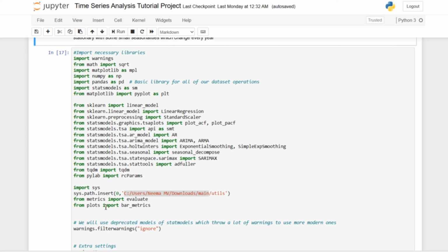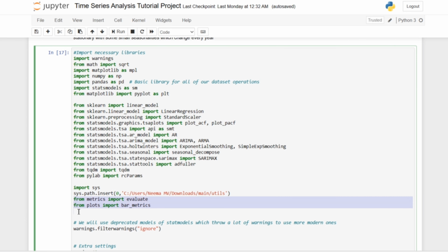If you look at these two metrics imports, you'll identify that these are functions that I called from two other Python files. I have another file called the metrics file, where I have a function called evaluate, and I'm calling it using this syntax. I have another file called plots, and I'm calling the bar metrics function.